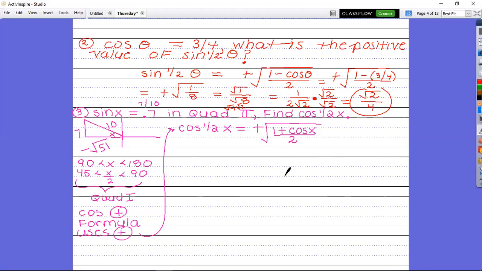I'm going to start and plug in values here. So this is equal to the square root of 1 plus cosine of x is adjacent over hypotenuse. So that would be equal to negative square root of 51 over 10. All over 2.